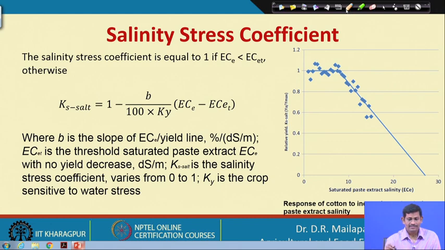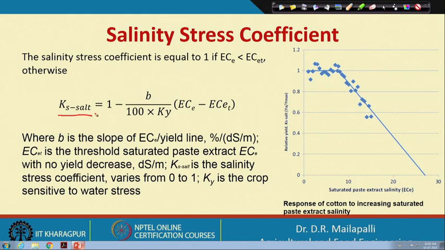Okay, the salinity stress coefficient is denoted Ks salt. It is expressed as 1 minus b divided by 100 into Ky times (ECe minus ECet).